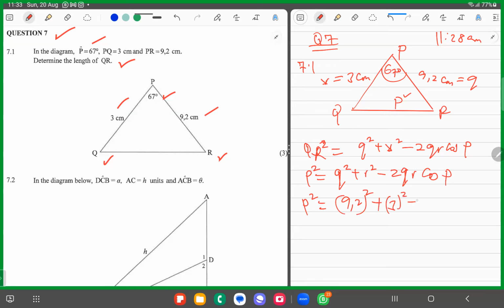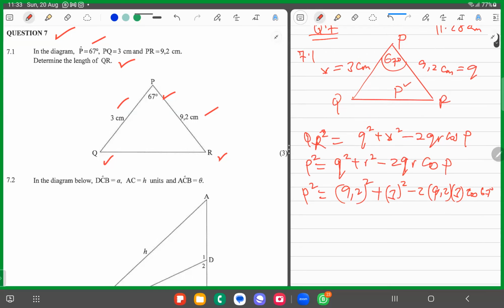So Q is 9,2, R is 3, cosine 67 degrees. Now you can get P squared. What is P squared here? P squared is exactly what you need to get.